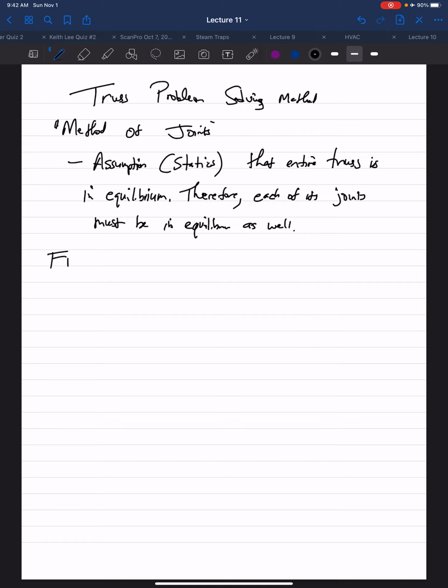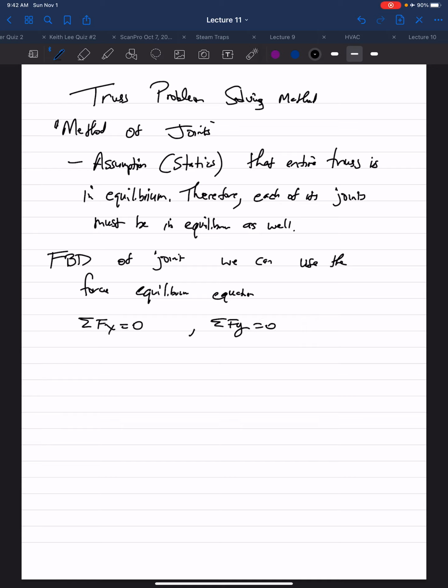So if we draw the free body diagram of each joint, we can use the force equilibrium equations, which we know are the sum of forces in the x direction equals 0 and the sum of forces in the y direction equals 0.